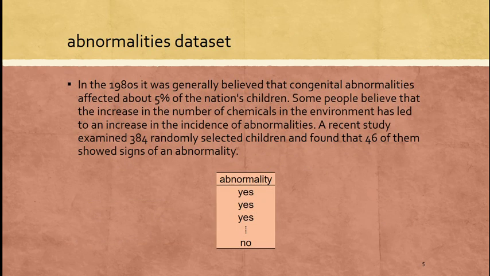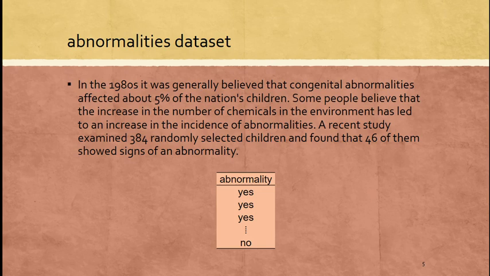For this one, I'm going to use the abnormalities dataset. In the 1980s, it was generally believed that congenital abnormalities affected about 5% of the nation's children. So right away, I'm going to notice that 5% would be the null value. Some people believe that the increase in the number of chemicals in the environment has led to an increase in the incidence of abnormalities.